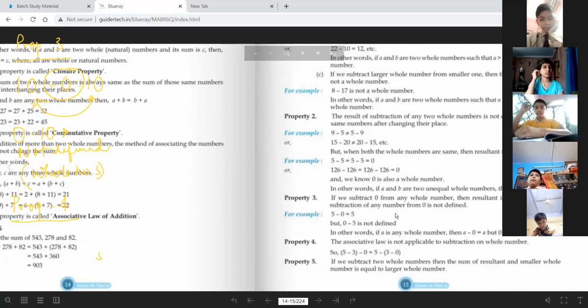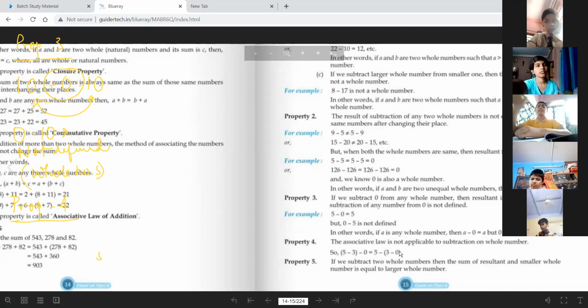Here you can see what is written: 5 minus 3 minus 0. Right? Here, the example given is showing that the associative law is applicable.